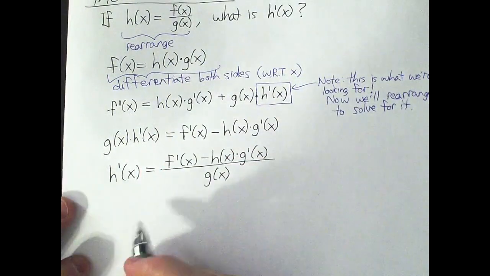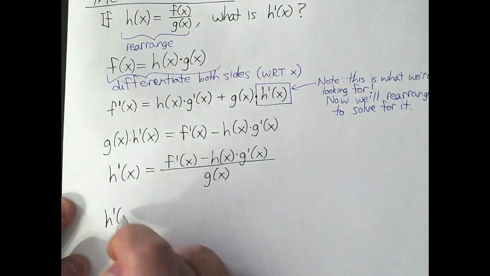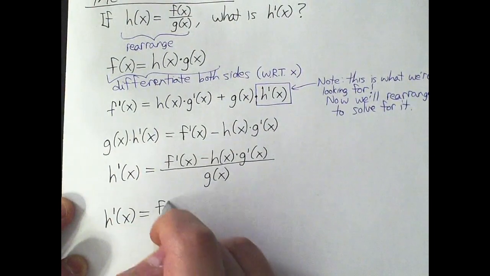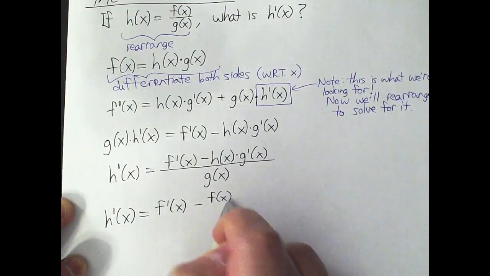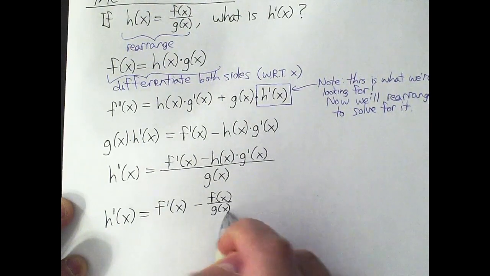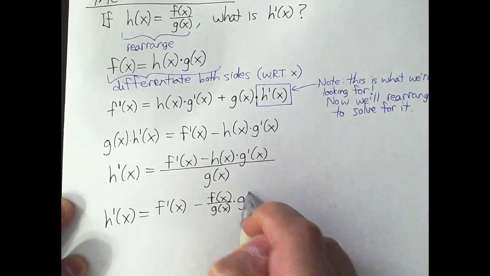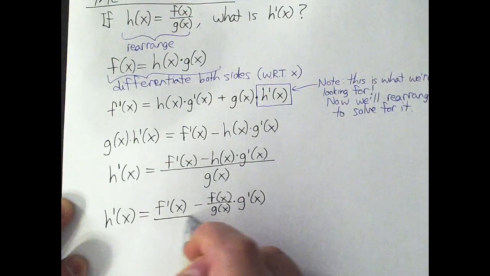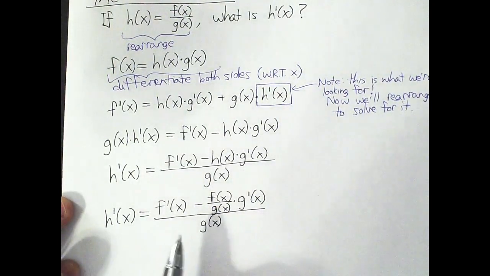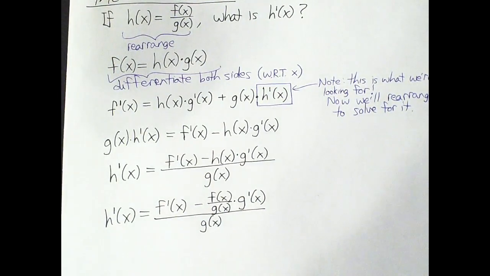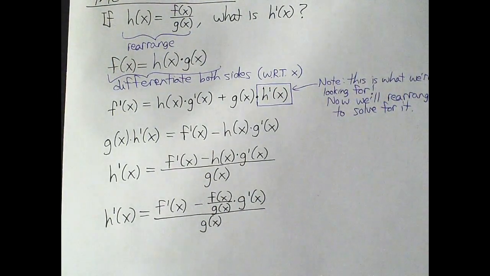So here's what I'm going to do. I'm going to replace h of x with f of x over g of x to get a formula that is just in terms of 2 functions. It's just in terms of f and g.